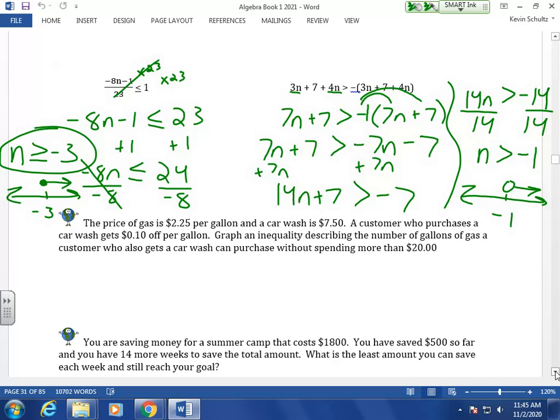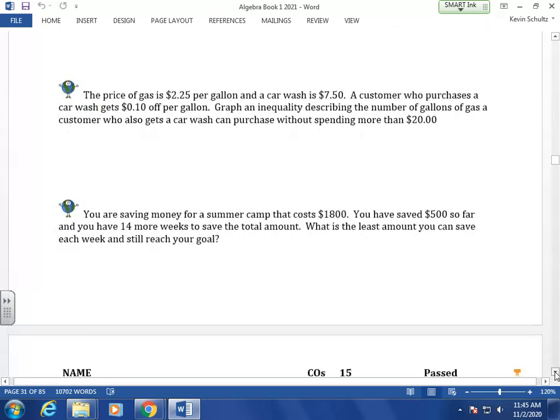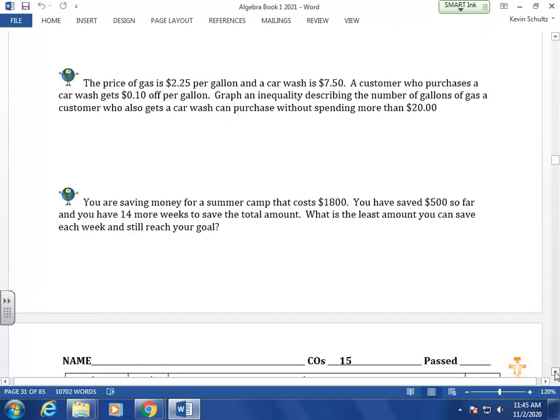So let's just look at the first one here. It says the price of gas is $2.25 per gallon, and a car wash is $7.50. A customer who purchases a car wash gets 10 cents off per gallon. Graph an inequality describing the number of gallons of gas a customer who also gets a car wash can purchase without spending more than $20.